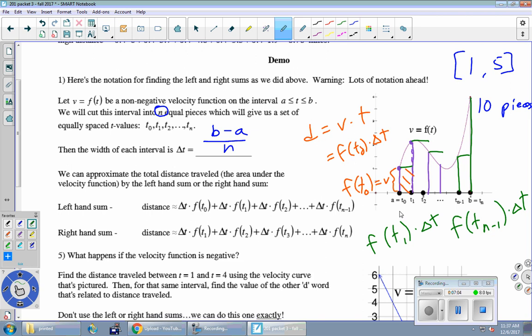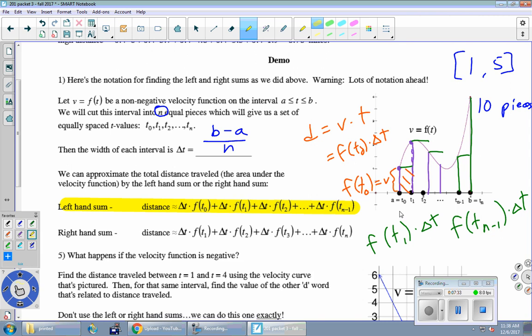And so we just add up all of these distances, just like you added up 5 or 10 numbers to come up with the total distance. And so that is all written out right here. So just confirm it's exactly what we wrote. Delta t f of t0, that was our first one. Delta t f of t1, that was our second one. Dot, dot, dot, all the way to the end where it's not t sub n, but t sub n minus 1. Okay? That's picking the left-hand point.